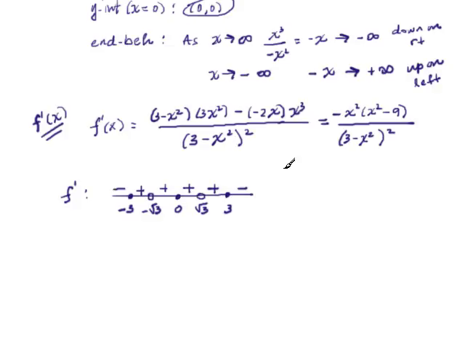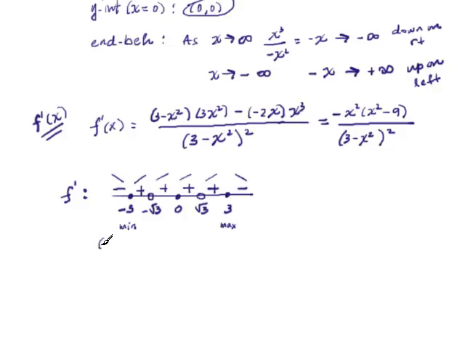All right, and what does this tell us? Well, this tells us that our function is decreasing in this interval and increasing here and increasing, increasing, increasing, and decreasing here. So here at minus 3 we have a switch from decreasing to increasing, so that's a min. And at 3 we have a switch from increasing to decreasing, so that's a max.